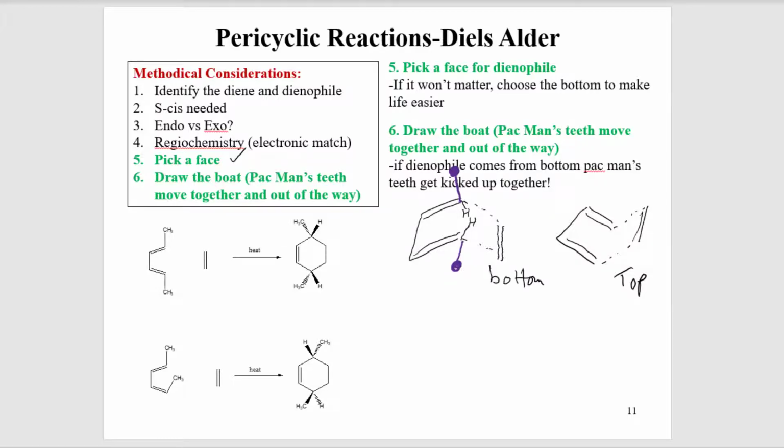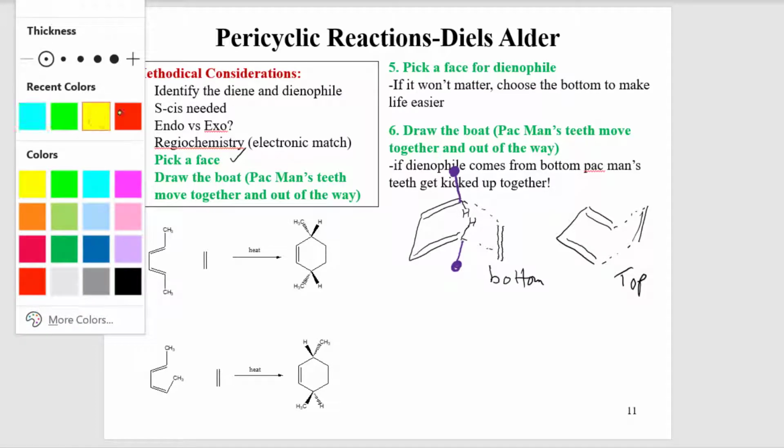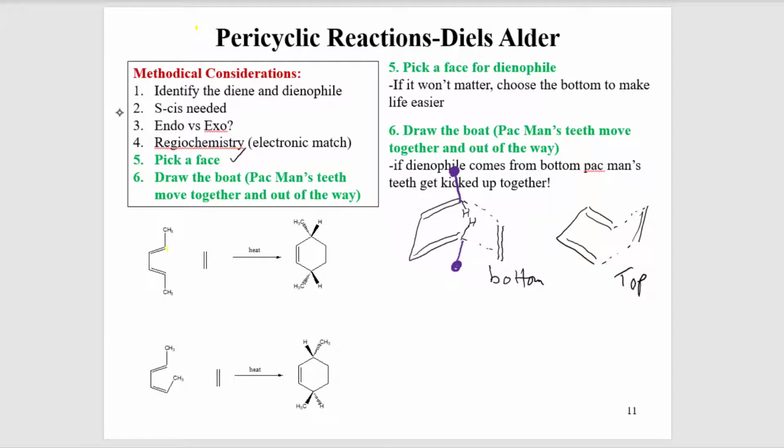Well, take a look at this first diene. This diene is already in its Pac-Man conformation, right? It's in its s-cis conformation. And what you'll notice is that there is a very specific geometry of the double bonds.